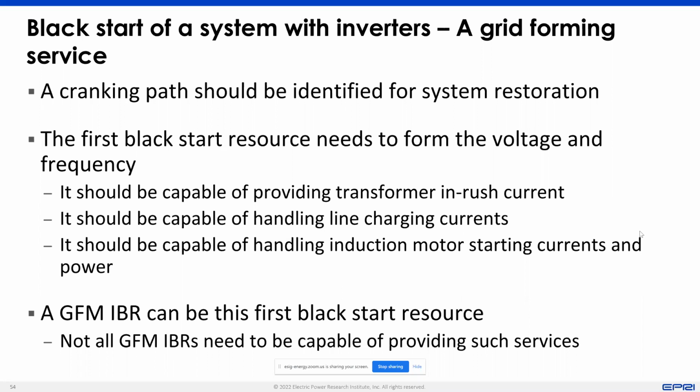We all know that a grid forming IBR can be the first start resource, but like Deepak mentioned, not all of them need to be capable of providing such services. If you have multiple of them in the microgrid, only one of them has to have this capability, but the rest of them may not necessarily do this.